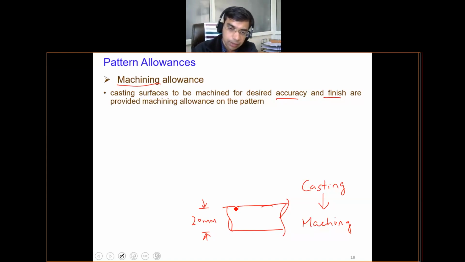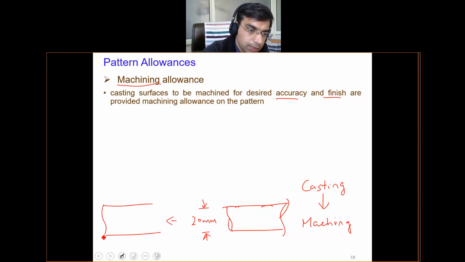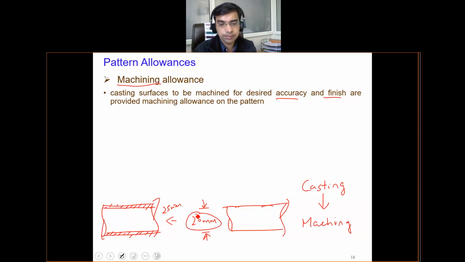So what I will do, I will cast a rod. So this rod will be say of diameter 25. When I machine it, I am going to remove material from the surface uniformly so that the final diameter is basically 20 millimeters.